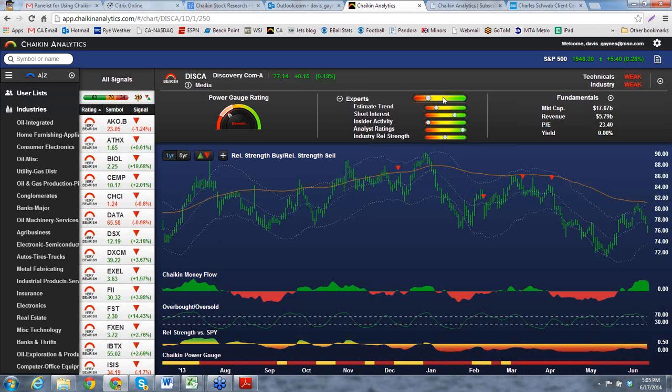But we're comparing the apples to the apples, so what that tells us is among companies in the media sector in particular, but similar sectors like Discovery Communications, their expert opinions, i.e. their earnings trends have on average been better, there's been better insider buying and so on, which is why as a whole, even though if you were to average them out you'd see that slider right about in the middle, it's not. That's because of relative performance and how we look at all the factors relative to similar companies.